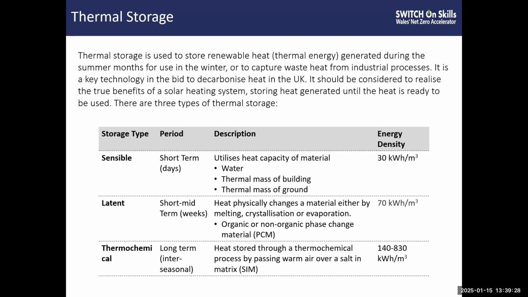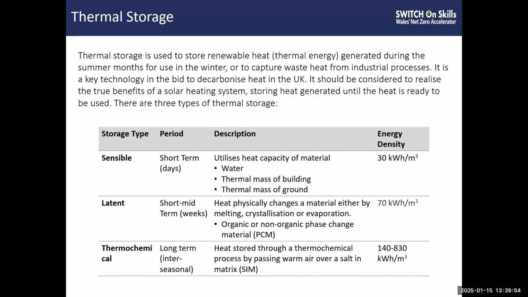Each different type will have a different length of time that you can store this energy for. And having the right one, or a combination of the right ones, for your unique building project is critical to maximize the solar heating storage system.